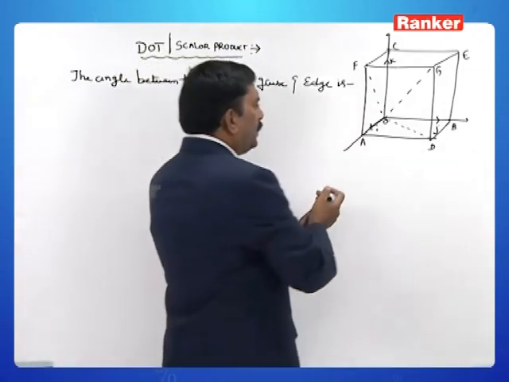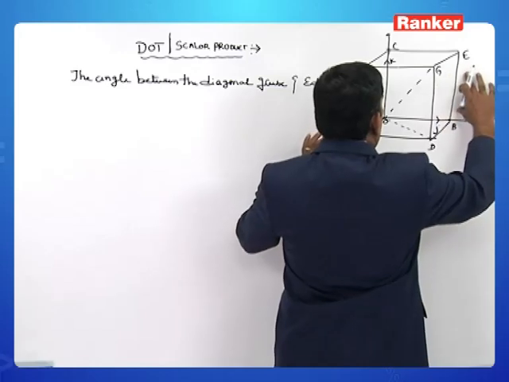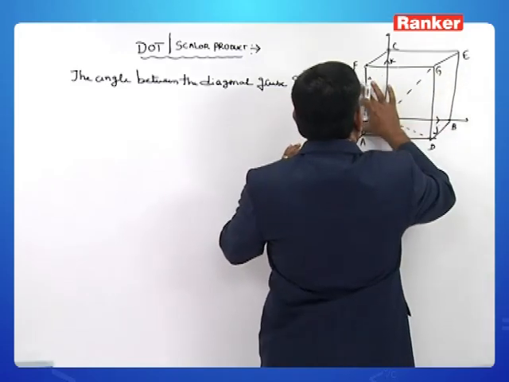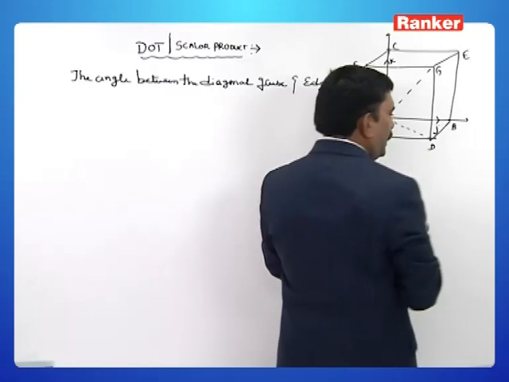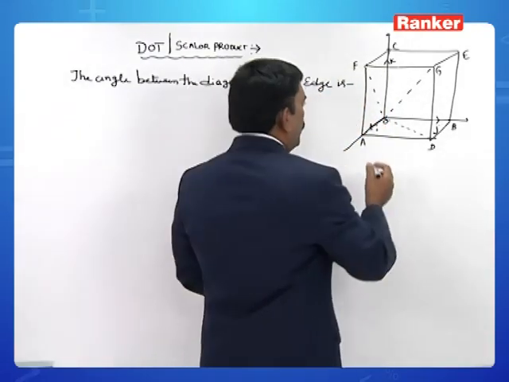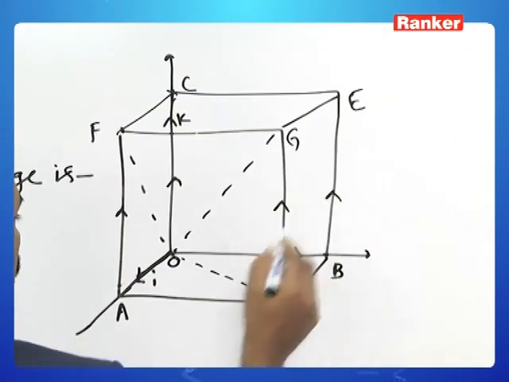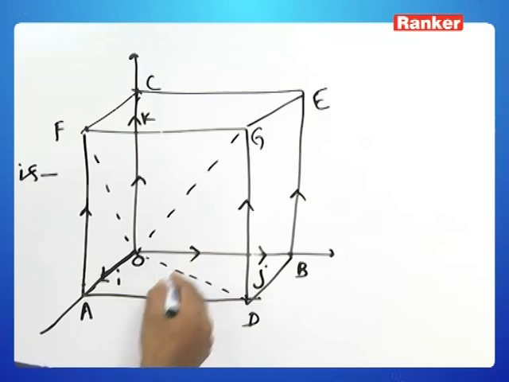Now, DZ, BE and AF are parallel to OC. So they are equal and like vectors; these two are parallel and equal.